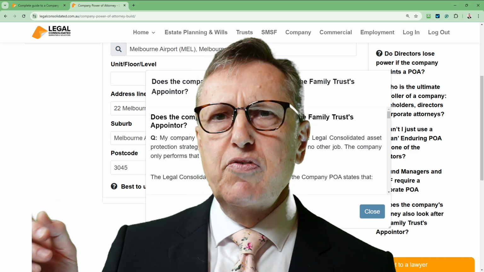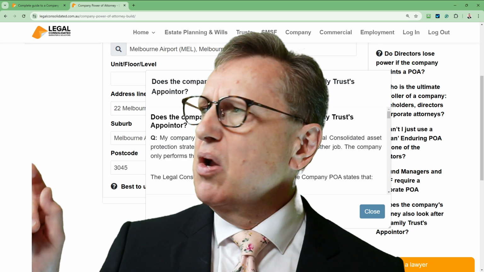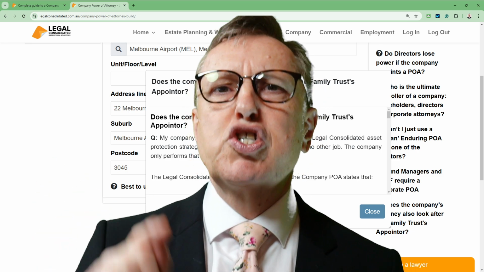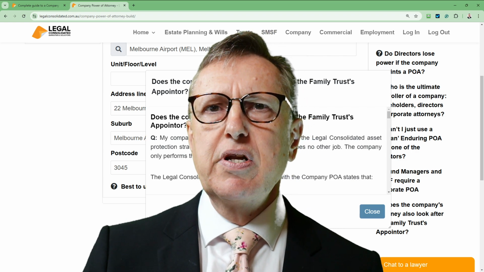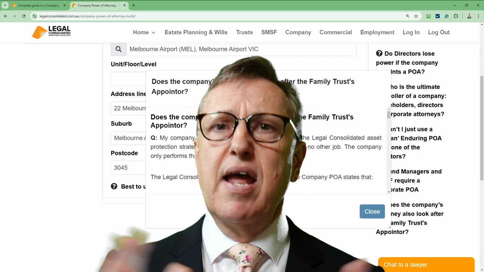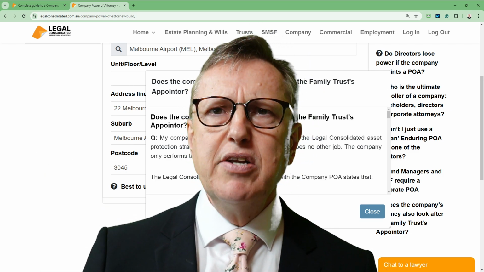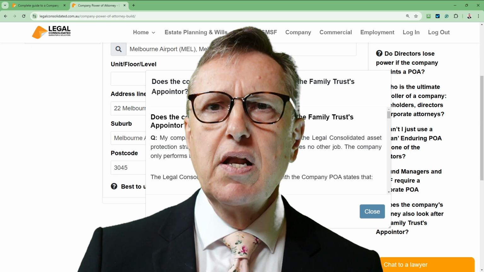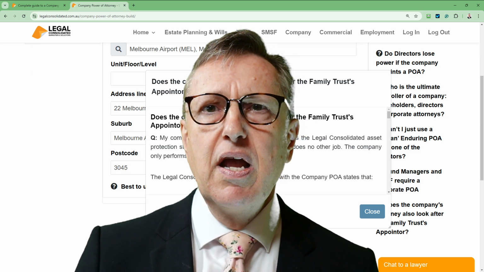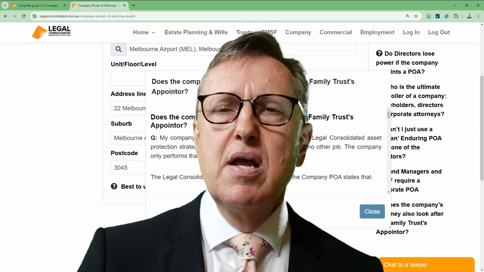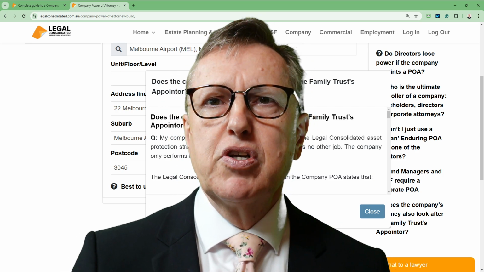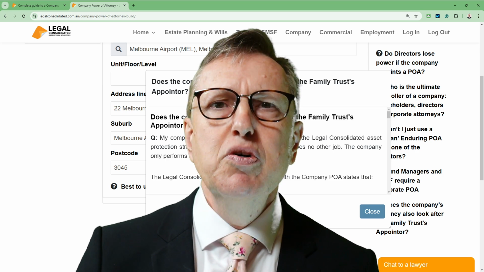Now, this is an interesting question, because what restrictions does the company power of attorney have? It has a lot of restrictions. It doesn't have the widest power. That's why you'll see all these strange page after page of powers in the legal consolidated power of attorney. If it's not in there, then the corporate power of attorney can't do it.